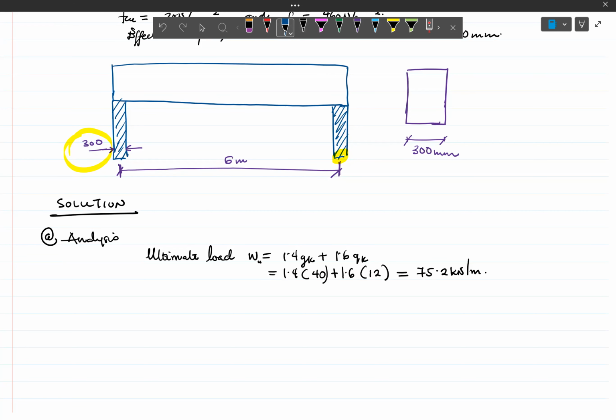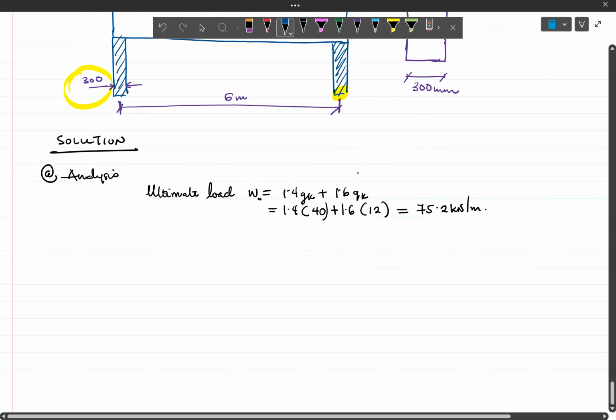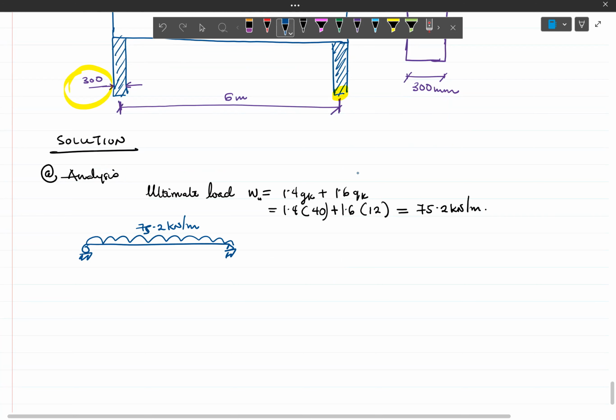So we can take that information, and now we have a simply supported beam with a UDL on it, whereby it is 75.2 kilonewtons per meter, right? So here, our maximum design moment, or the ultimate design moment.